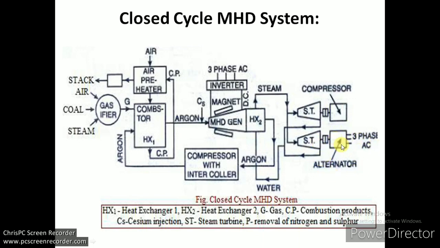So this way, with the same working fluid, we can produce power in two different modes: the MHD mode and the thermal power plant mode. So this is advantageous, that's why it has an advantage over the open cycle MHD system.